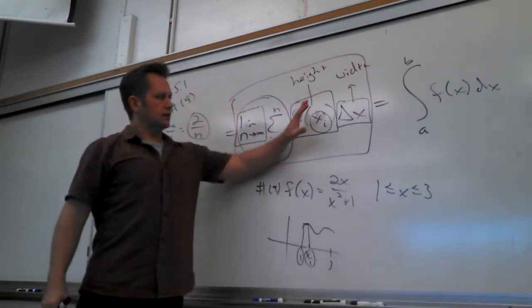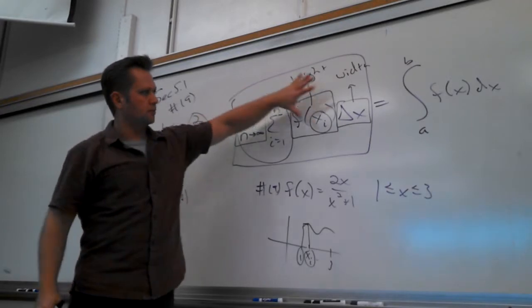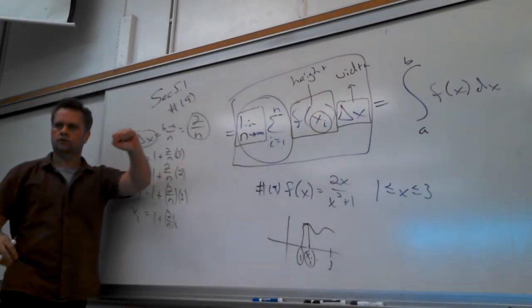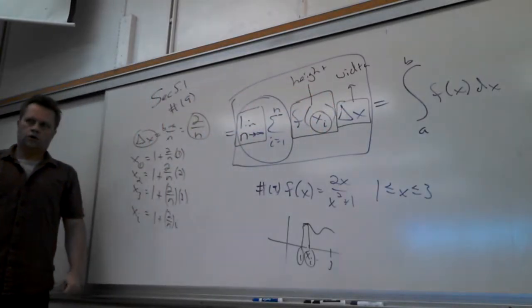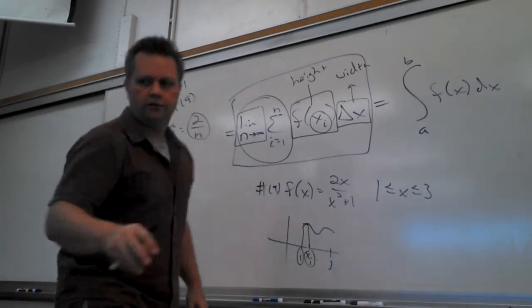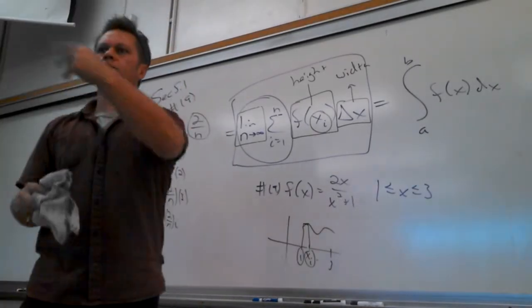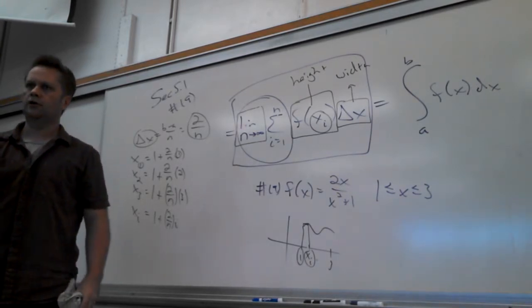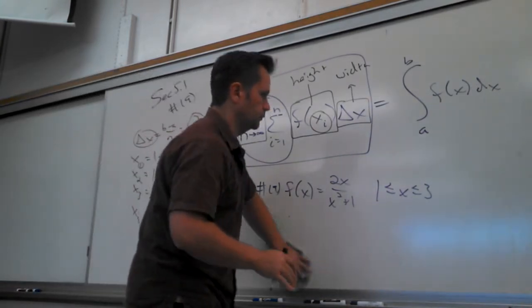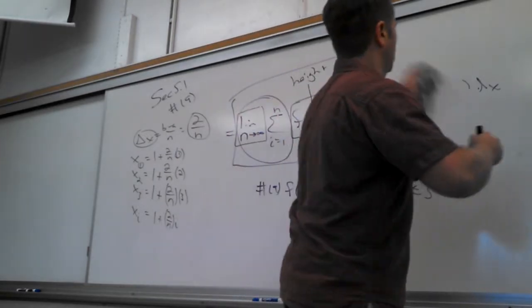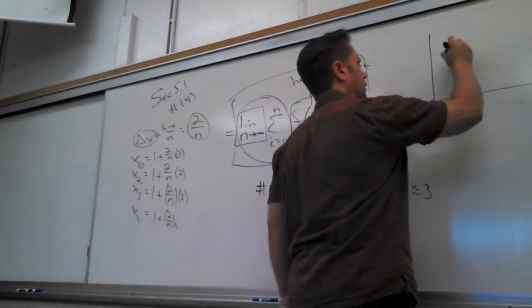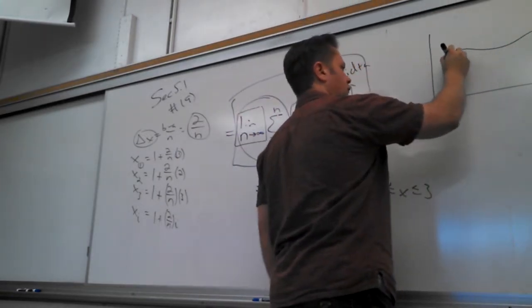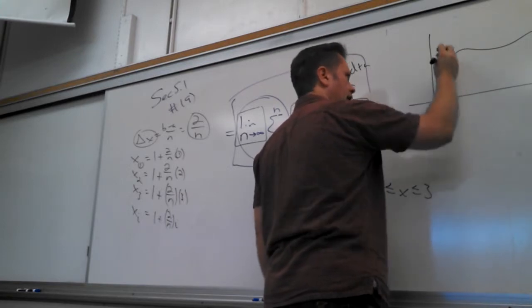So that I can see my rectangles and add up my rectangles' areas. Is that why you're doing 1 plus the whole thing? Now, since I'm going to eventually want an infinite number of rectangles, which I really don't want to write out, it would be basically impossible. What I'm trying to figure out is a formula for the form of each rectangle's height.